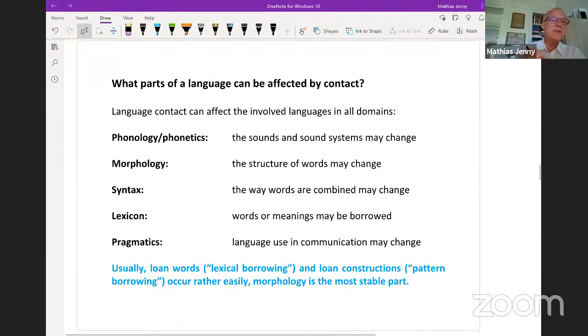Now, when this language contact happens, when languages are in contact and influence each other, you may ask, what parts of the language can be affected by this? Traditionally, up to maybe 50, 60, 70 years ago, linguists thought that only the lexicon can be affected.